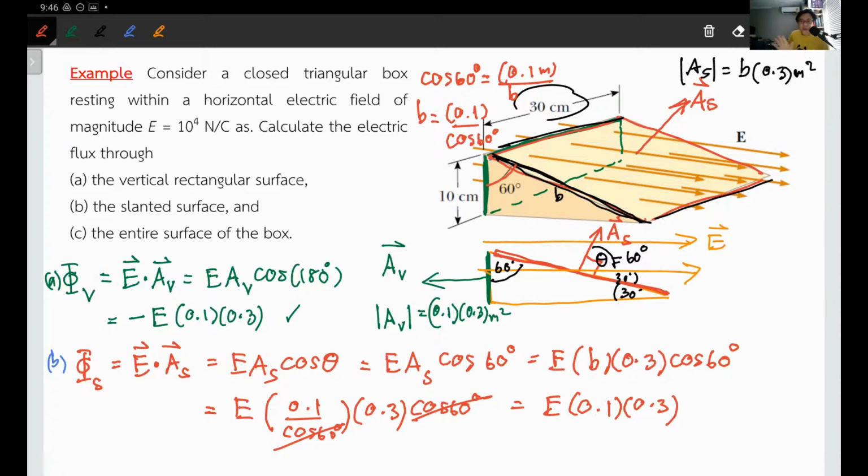I actually don't need to do this trigonometry at all. The reason for this is because look at the electric field. It points to the right. The slanted surface is not making 90 degrees with this. I mean the surface itself. So you only need just the component that is perpendicular to the E, right?